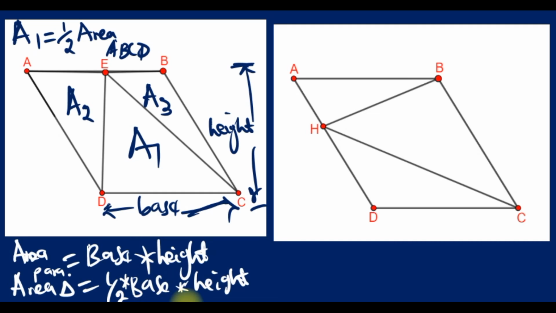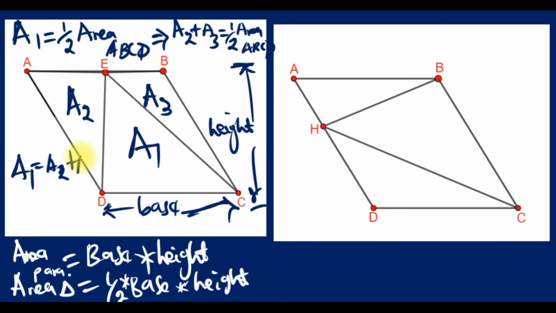For A1 to be half of that implies that the remaining area, which is A2 and A3, the sum will also be half the area of the parallelogram, half of area ABCD. So because this is half, the remaining will be the other half. So I'm saying that A1 is the same thing as A2 plus A3.